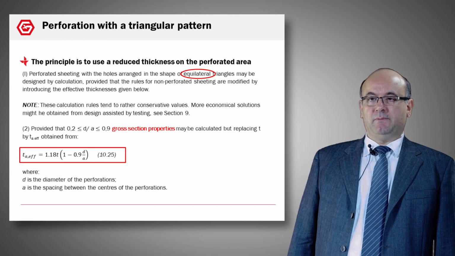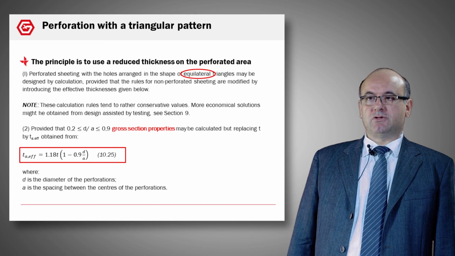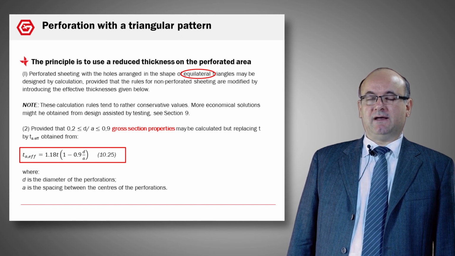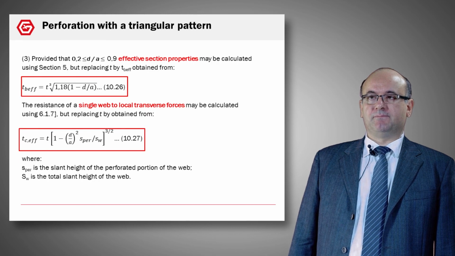So, I repeat, if you have an equilateral triangular repartition of a perforation, and if we calculate a gross section property, and if we respect the criteria of the Eurocode, we can apply this formula, and in the area of the perforation, we reduce the thickness of the web or of the section in this part.